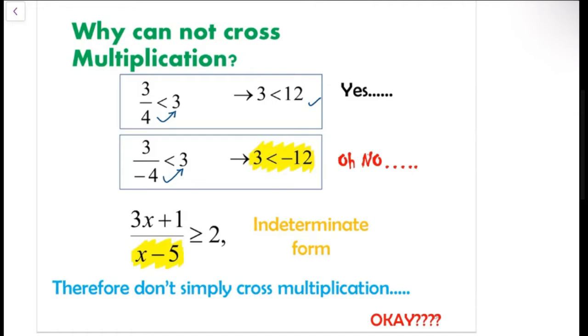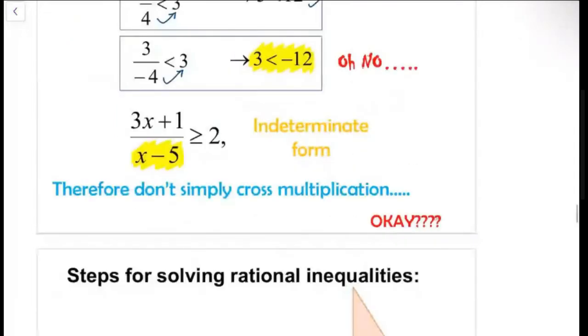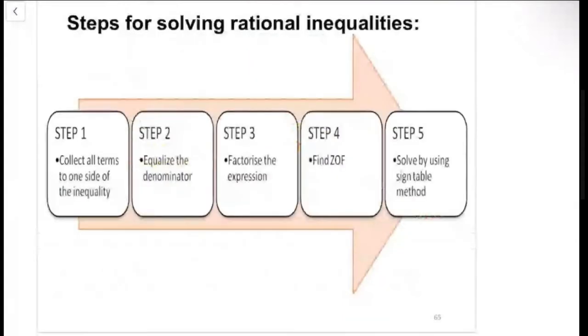Kalau bahagian denominator itu sekadar positive constant, yes, awak boleh terus darab macam contoh yang pertama tadi. Tapi kalau denominator tu melibatkan negative number or an expression involving x, then you cannot apply cross multiplication. So, these are the steps to solve our rational inequality problem.